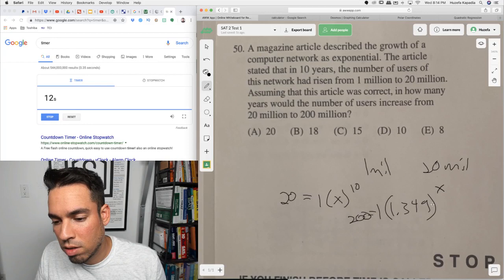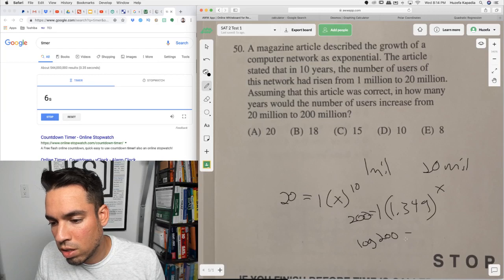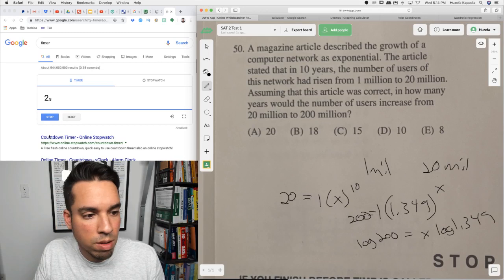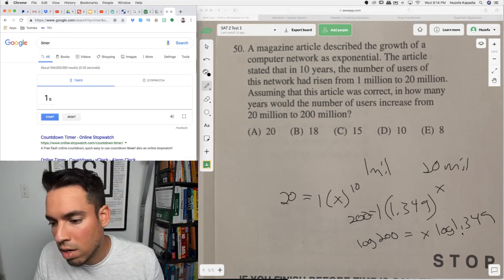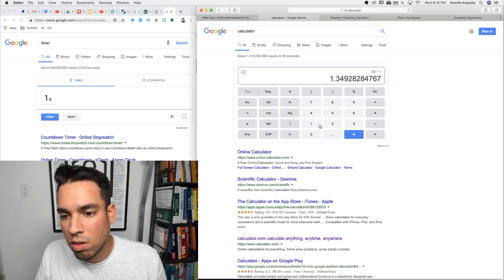Times 1 to equal 200. And then, oh shoot, I'm gonna run out of time. So then we'd have to solve log of 200 equals x log of 1.349. Almost made it. I think this is how you do it.